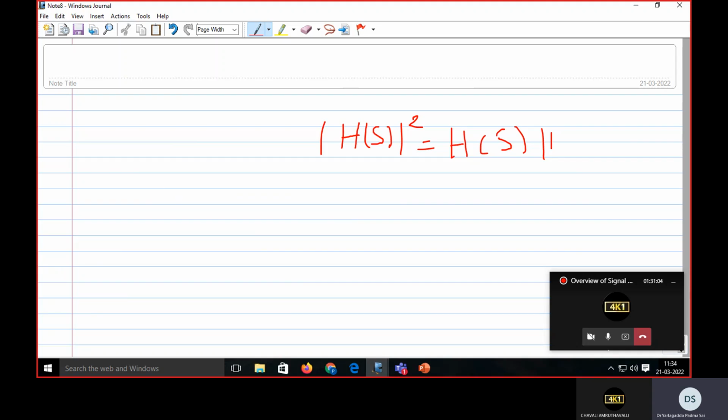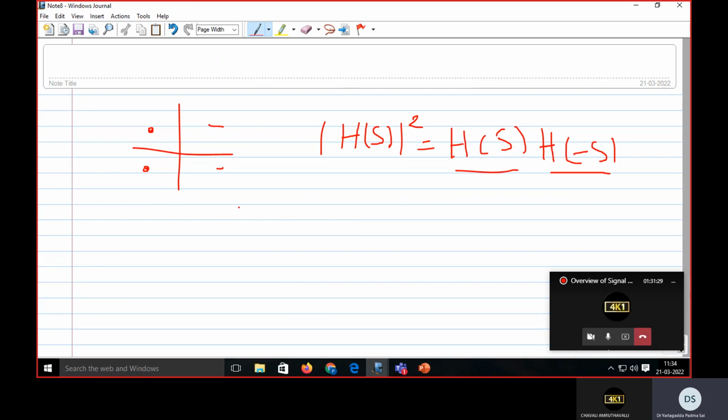I am able to separate h of s and h of minus s. What is the need to separate? In the analog domain, I can clearly demarcate: the poles lying on the left are stable, and the poles lying on the right are unstable in the S domain.